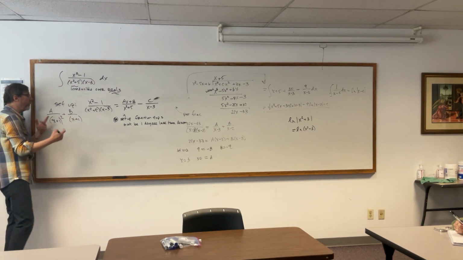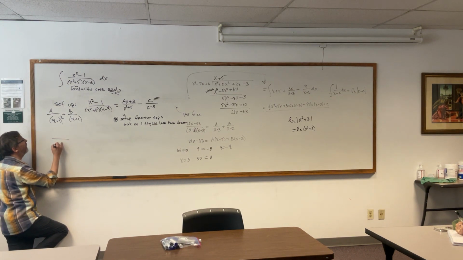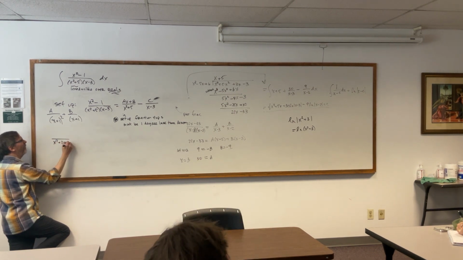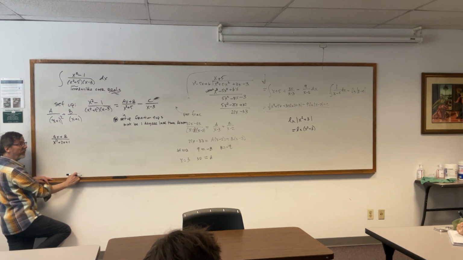But if I had a polynomial I didn't want to factor, I think you could do this one that way. I think if you had x squared plus 2x plus 1 and you put this on top, I think that would probably work out.